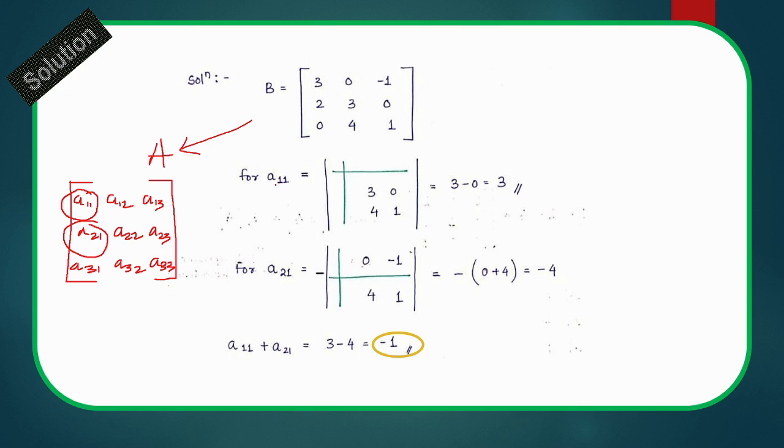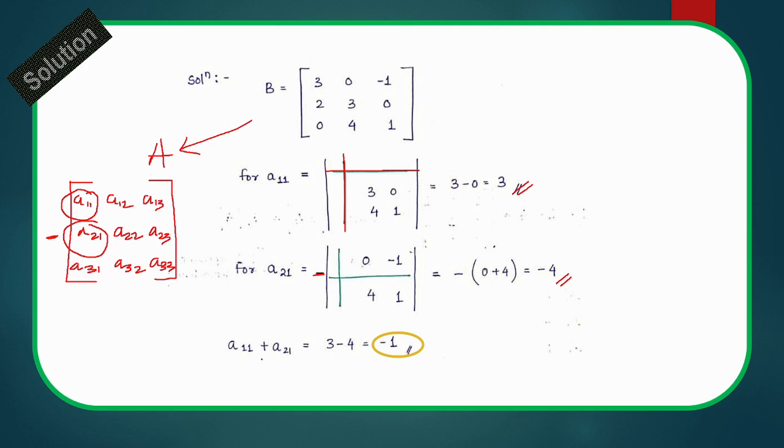For A11, if we delete this row and this column, we find 3. 3 is the determinant value. For A21, as you can see here, a negative sign will appear in the cofactor matrix. So for A21 the negative sign applies, and the determinant of this is minus 4.